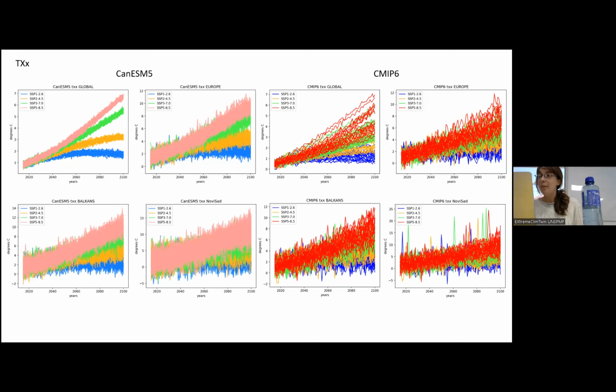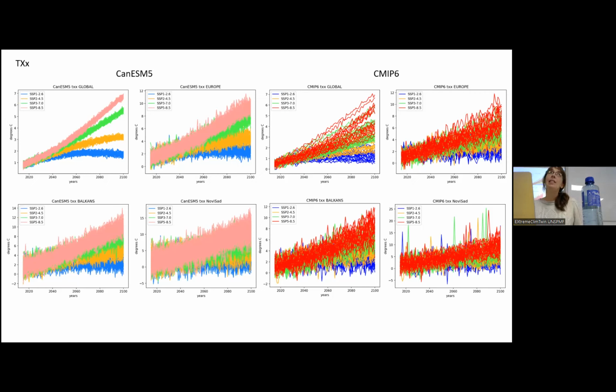Exactly. So if we just use CanESM5, we might think, oh, look, if I'm following SSP 585, then there's a really narrow range of temperatures that I might reach. But if you look at CMIP6, you have a much bigger range. So you would be overconfident if you're only using CanESM. So it's worth using more than one model.